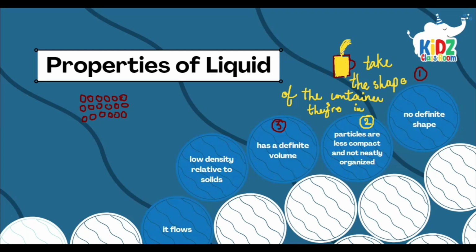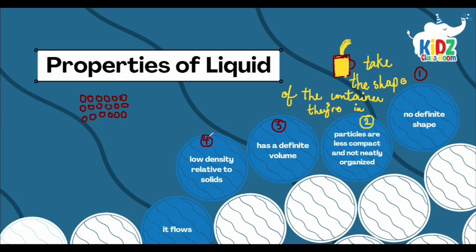Even if you pour some water into this jug, this glass or a cup, the volume will be the same, even if the shape changes. Even if you pour some liquid into a circle-shaped container, the volume will be the same. So this means that they have a definite volume.